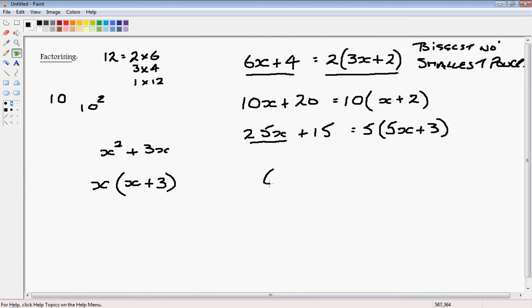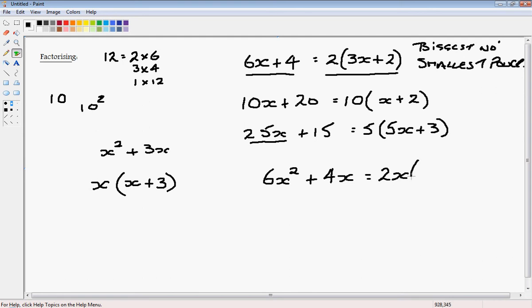So if we have 6x squared plus 4x, okay, and they want us to factorise this. So remember, biggest number, smallest power. So we look at the numbers first. So the biggest number that will go into 4 and 6, now that would be 2. And the smallest power, well, we have x and x squared, so x is the smallest power.